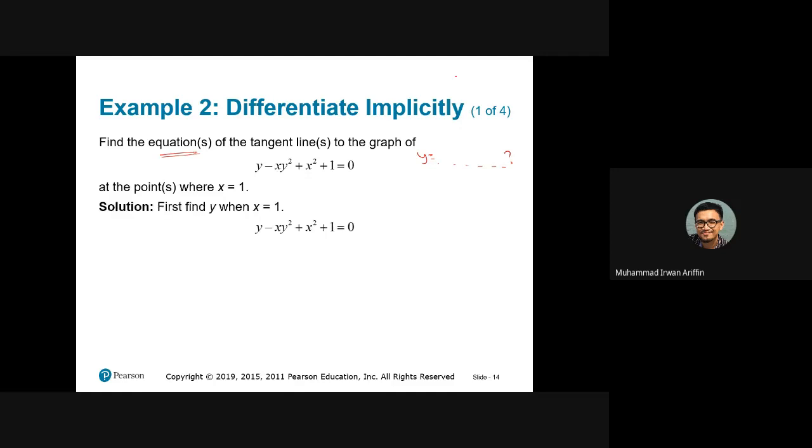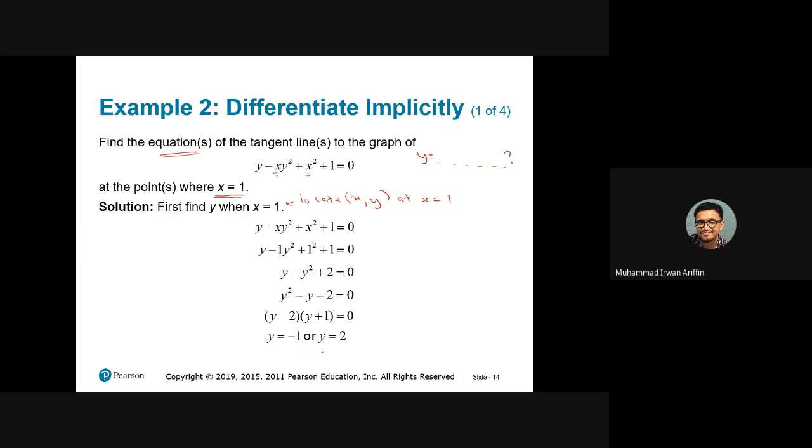So how do we do this? First of all, because the question asks us to find the point where x equals 1, we want to locate the coordinates of x and y at x equals 1. We simply replace all x in the original equation with 1. From this equation, we can find the value of y.